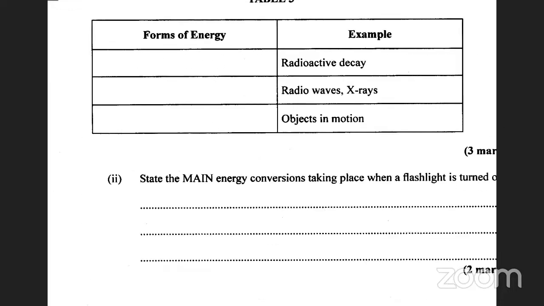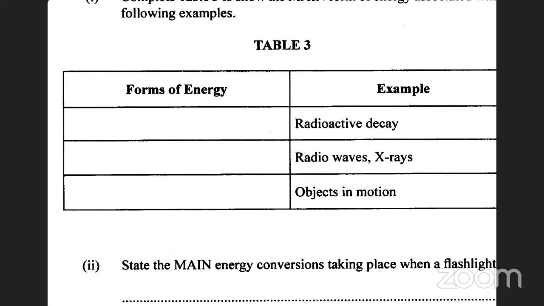Next one. What type of energy do we have here? Radioactive decay. What type of energy is that? Nuclear energy. Radio waves, X-rays.